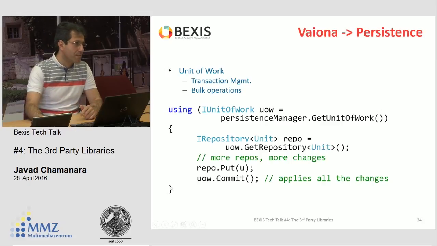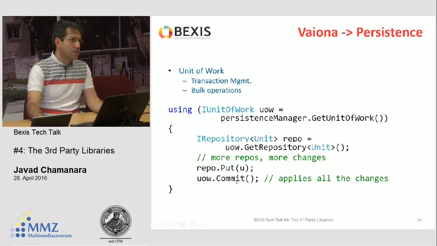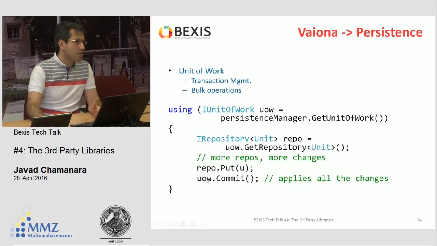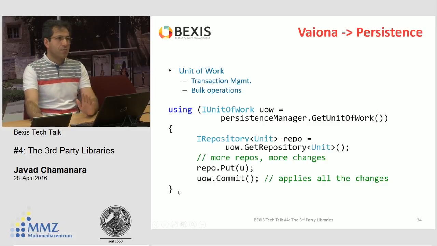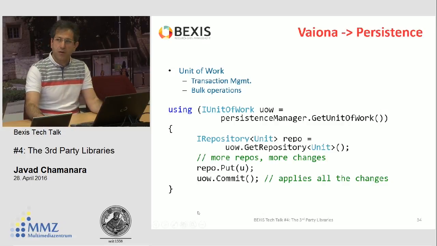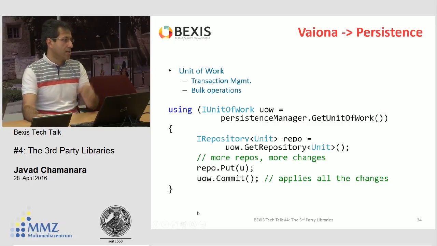So at this location, if everything is committed, your database is in the new state. If any exception has happened and the commit failed, then the database is untouched as it was before this block of code. So you don't worry about the database status and transaction management and this kind of thing.